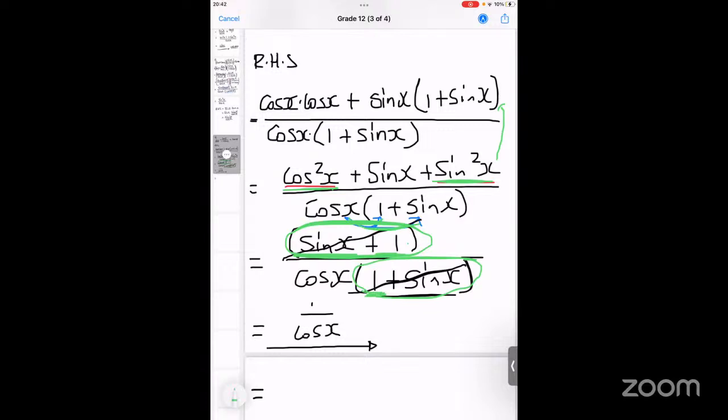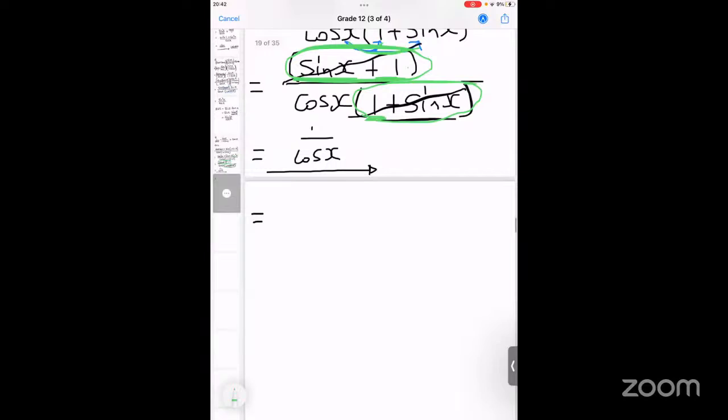Okay, then it's fine. I've got another one, which is with 5 marks. Okay, let's see.